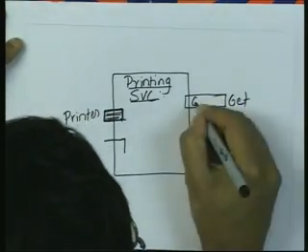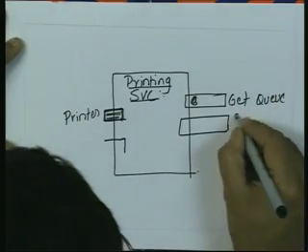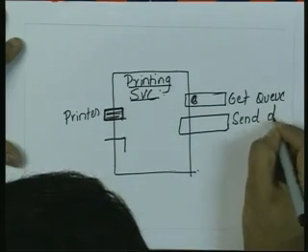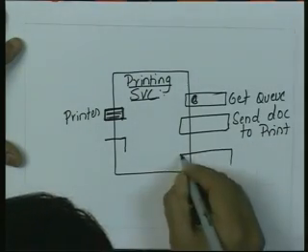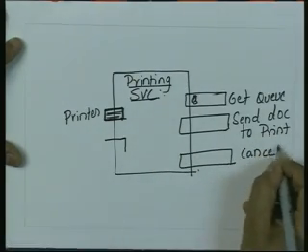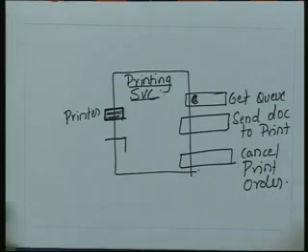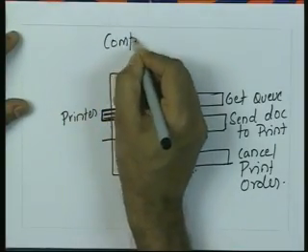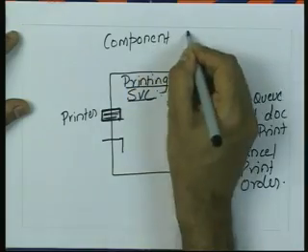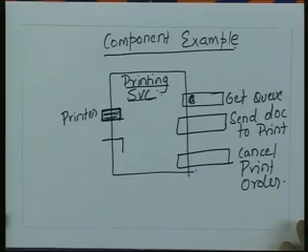I will write it outside here: send document to print, cancel print order, and so on. So here is an example of a printing service component which has a certain set of required interfaces as well as provides a set of interfaces that other people can use in order to accomplish some task.